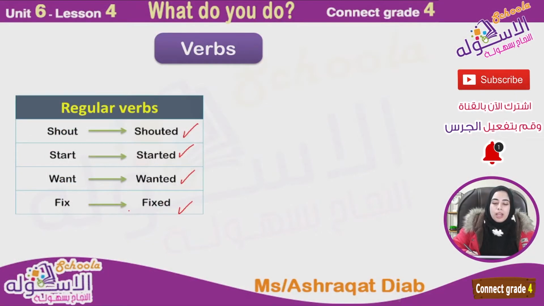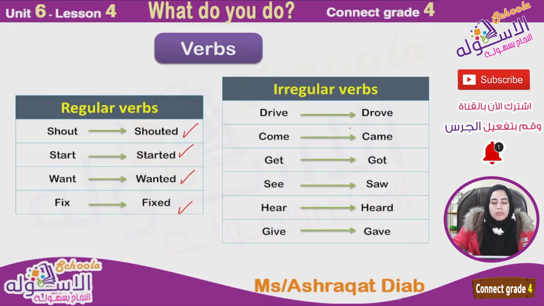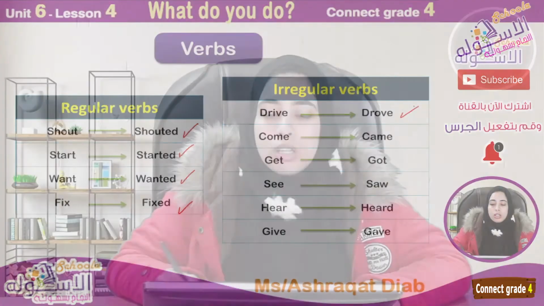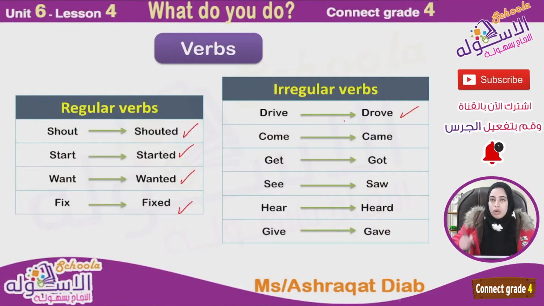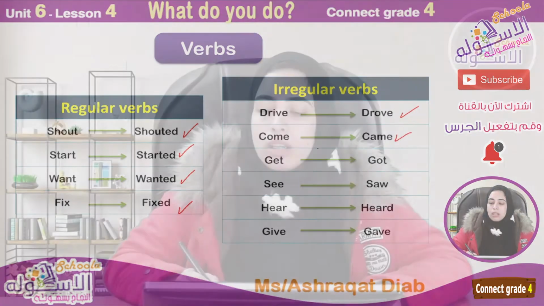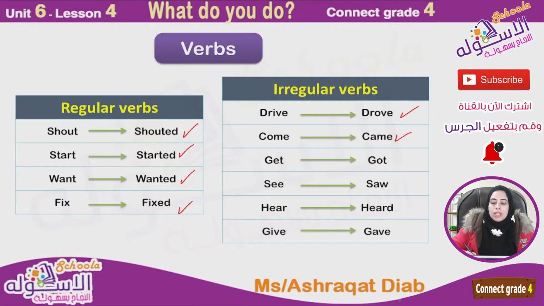Okay, what about the irregular verbs? Please repeat after me. Drive, drove. Drive, as we said, drive يعني يقود أو يسوق, right? Come, came. Come يعني يأتي. Great.